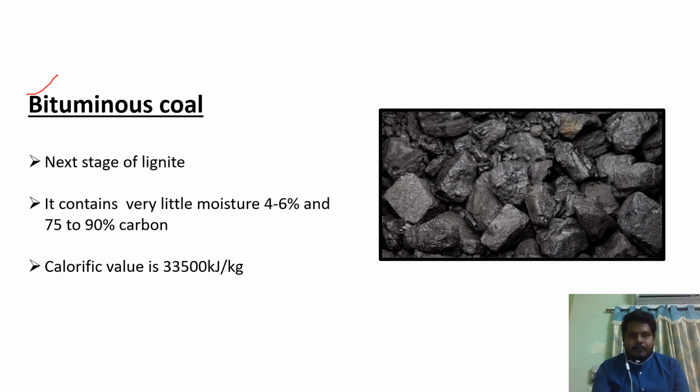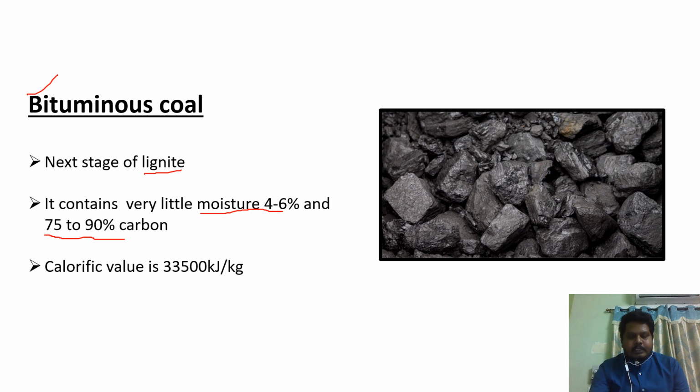The other type of coal is bituminous coal. It is the next stage of the lignite in the formation of coal. It has very little moisture, 4 to 6%, and carbon content 75 to 90%, which means, as we know, as the carbon content increases, it can release more energy.